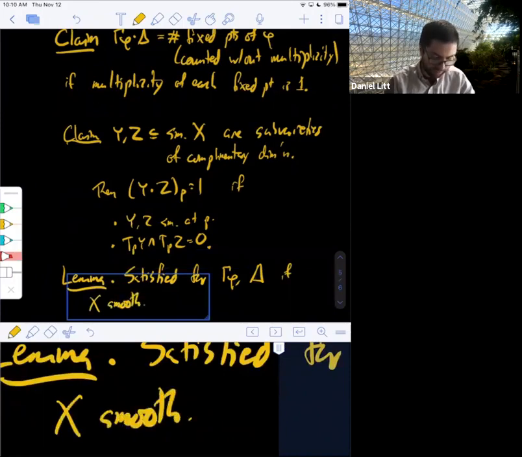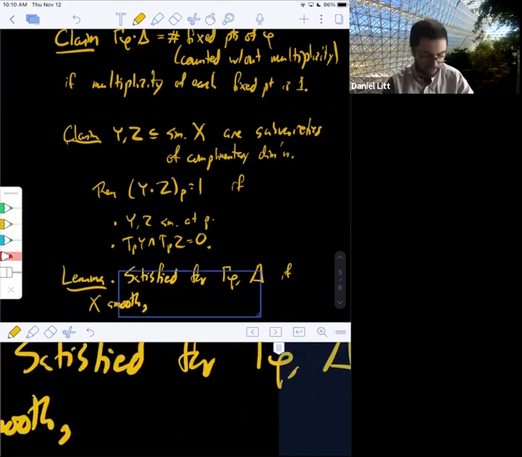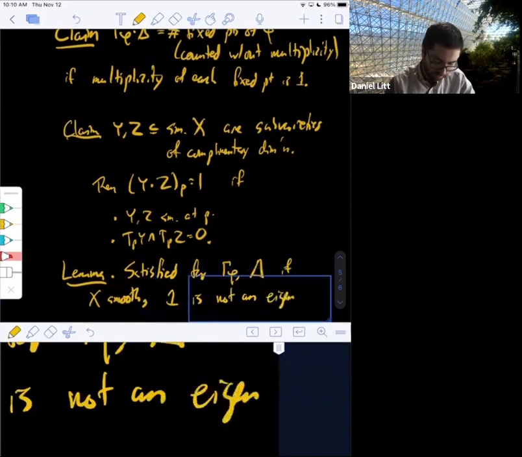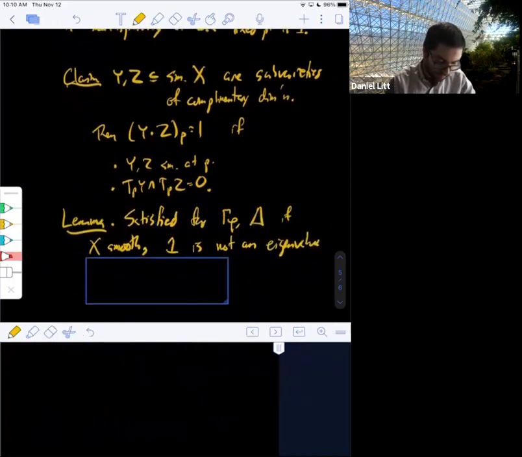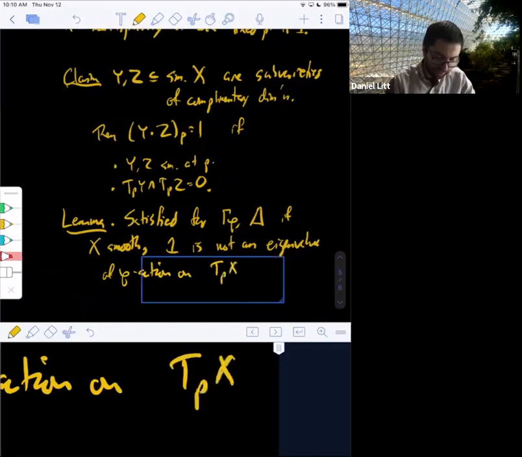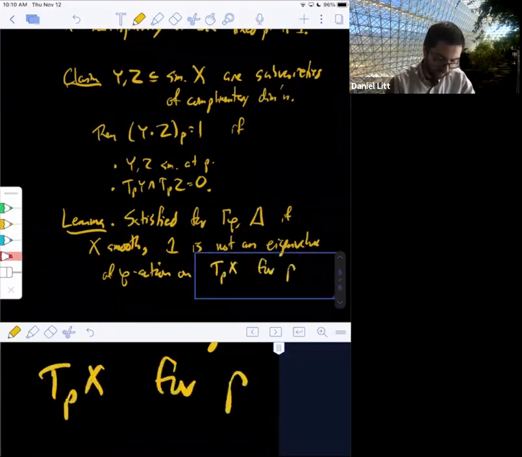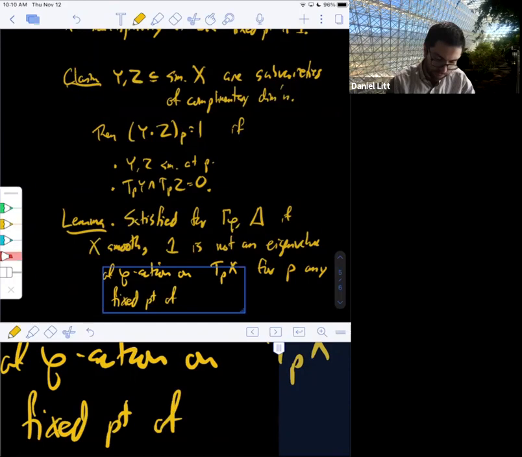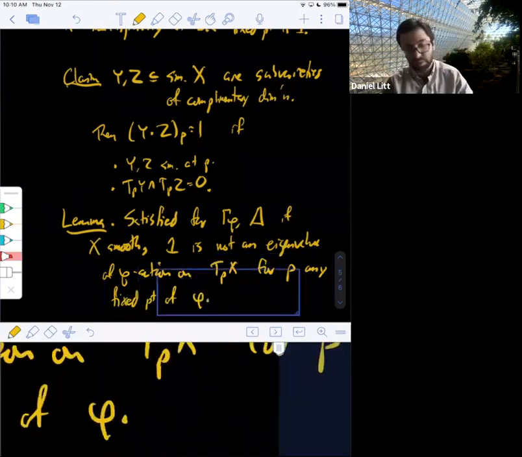So that guarantees the first condition, and 1 is not an eigenvalue of the phi action on the tangent space at P, for P any fixed point of phi. Okay, I think this should be plausible.